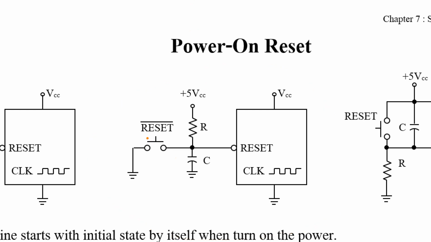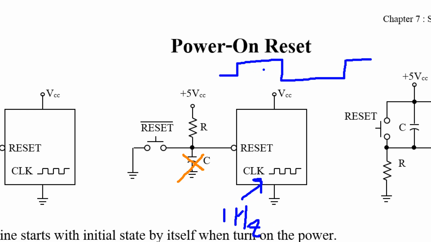Sometimes the user wants to reset manually, maybe by pressing this one. Now if there is no capacitor at this point, what happens if the clock is 1 Hertz? 1 Hertz means this clock tick and this clock tick, it's 1 second, right?